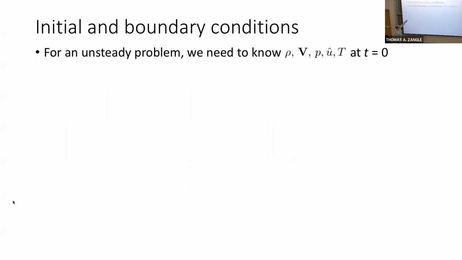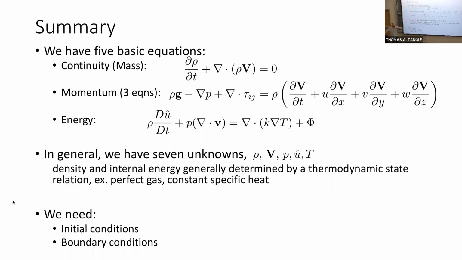As far as initial conditions for a problem that's unsteady, meaning it's varying in time, we need to know all of the properties of the fluid, for example, at time t being 0. So I just want to go back.